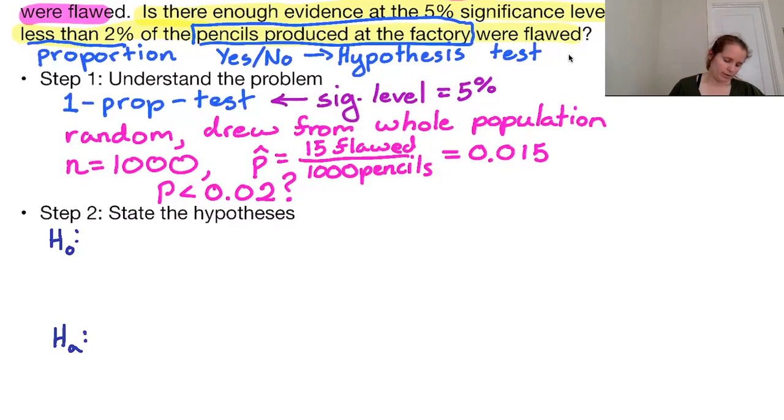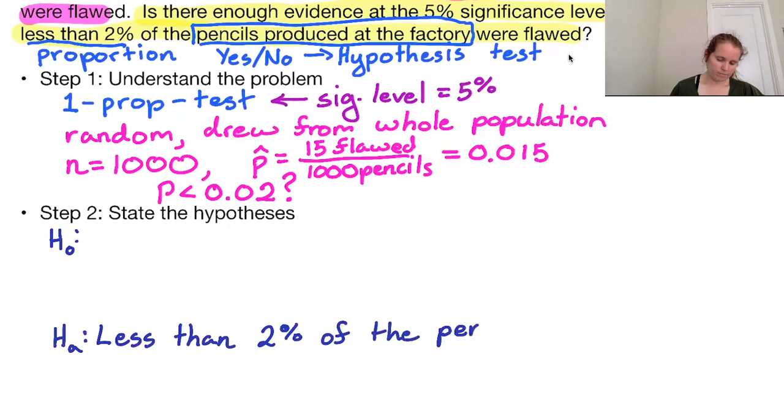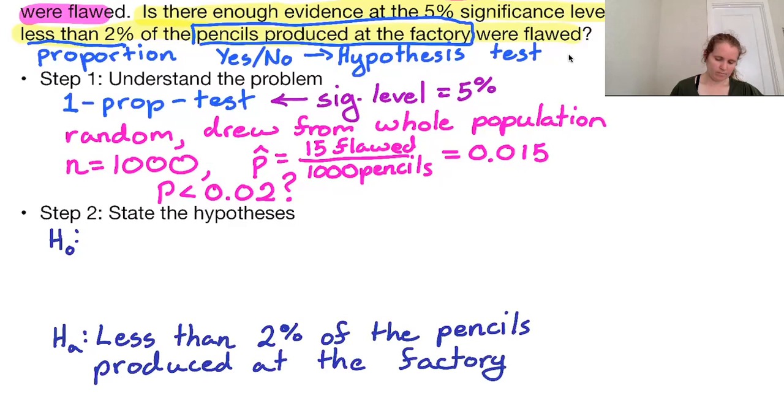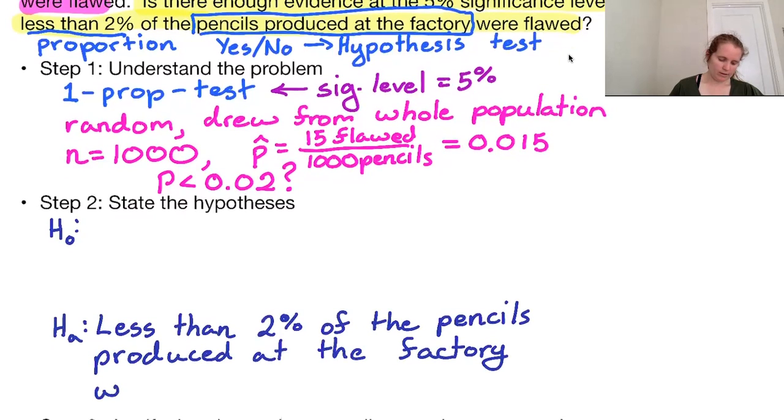So our alternative hypothesis would be less than 2% of the pencils produced at the factory were flawed.